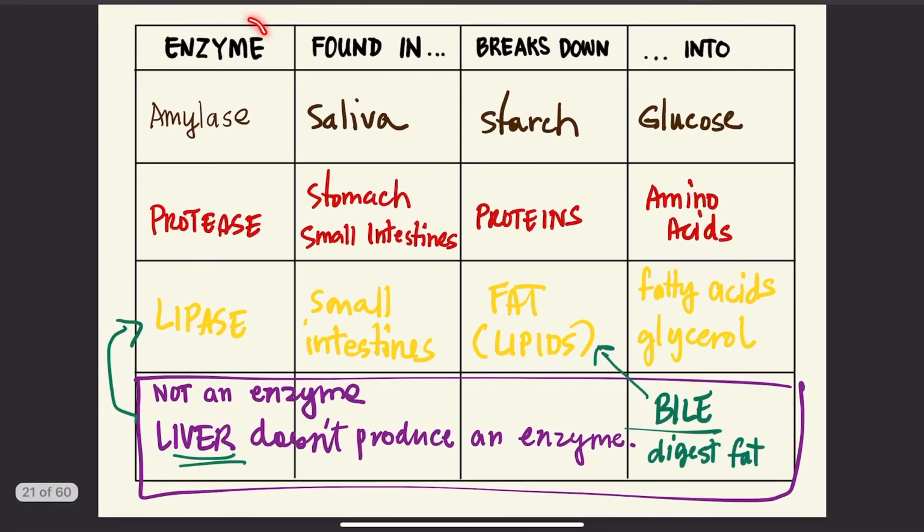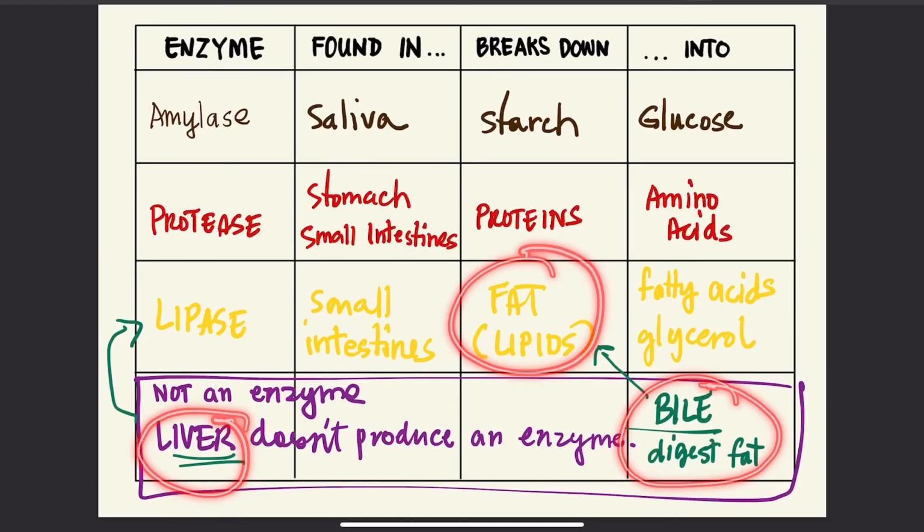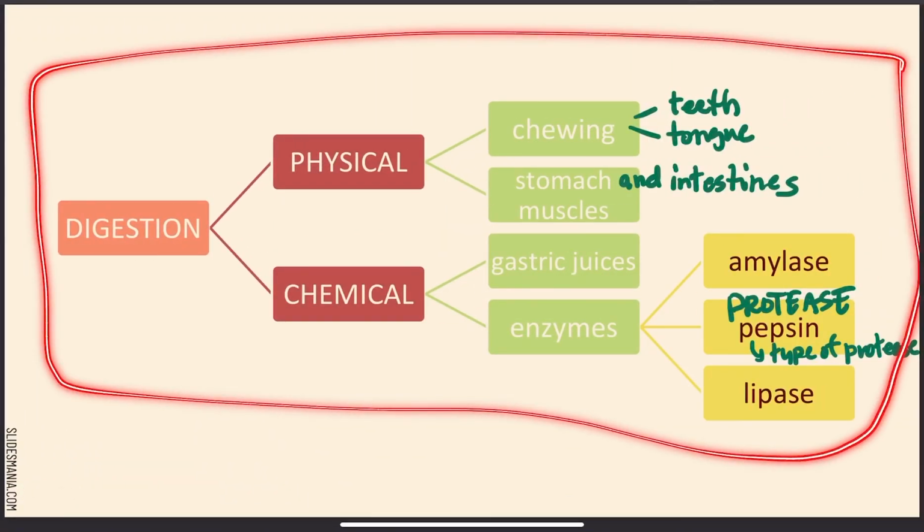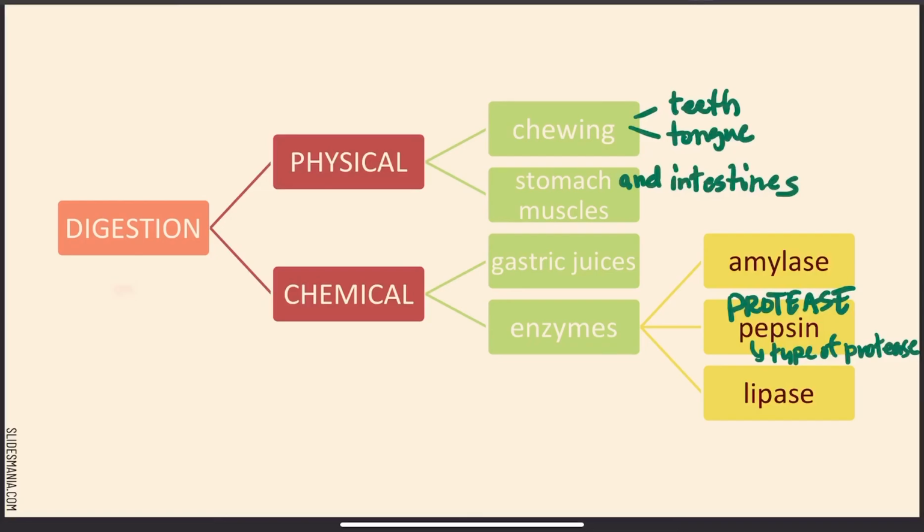And then you know the different enzymes that we're looking at: amylase, protease, and lipase. Take note, the liver does not produce an enzyme, but it makes bile, which helps digest fat.